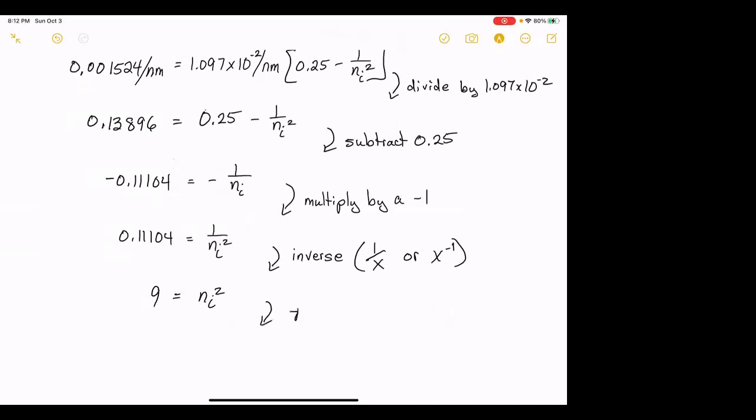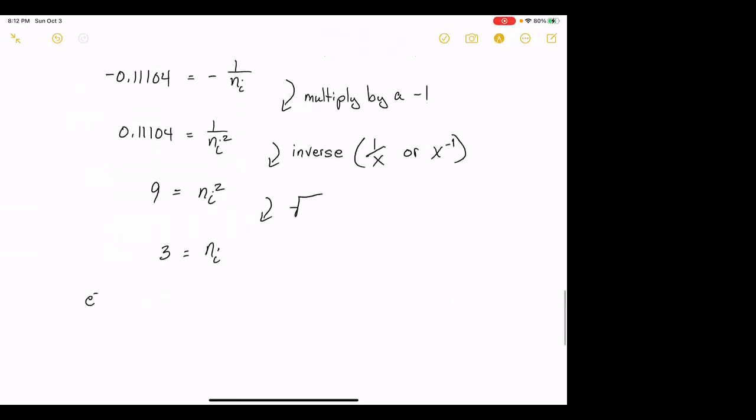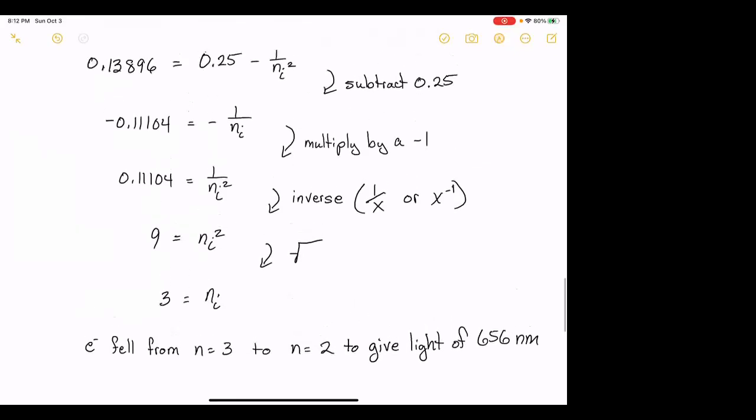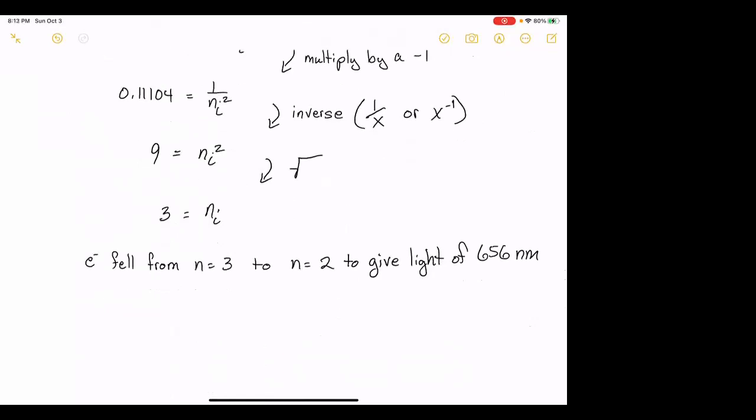Then we take the square root of both sides and you get n sub i is equal to 3. So what this is saying is that the electron fell from n equals 3 to n equals 2 to give off light of 656 nanometers. So that's the process of doing Rydberg-Balmer.